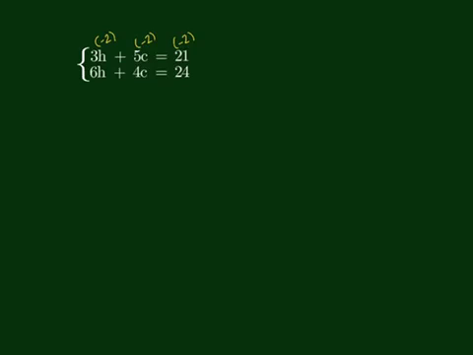So I'll rewrite that one over here. So -6h minus 10c is equal to -42. And then my bottom equation, remember, already has the positive 6h that I want, so I don't actually need to do anything except rewrite that one.